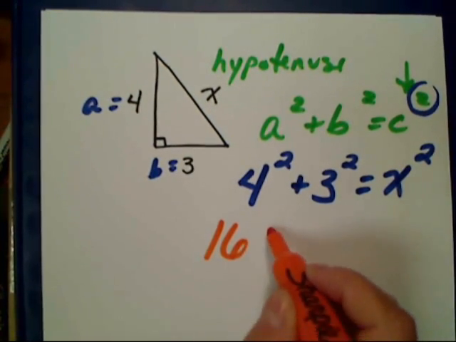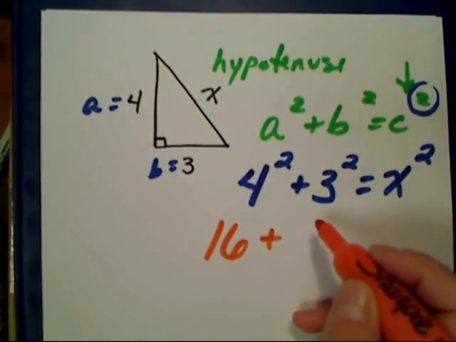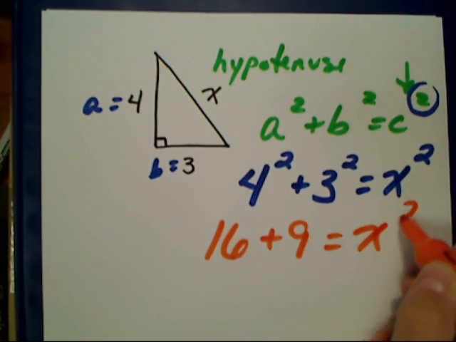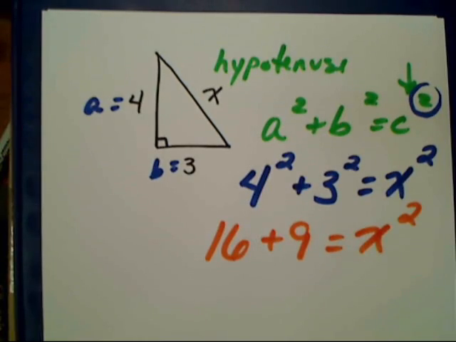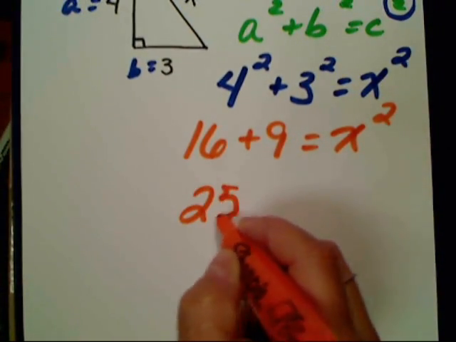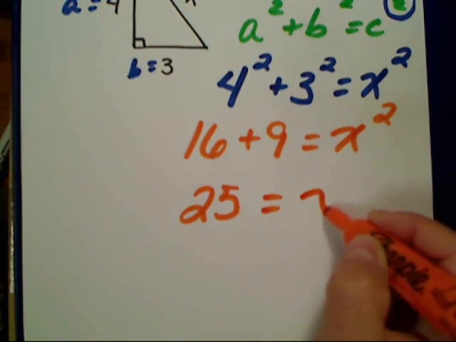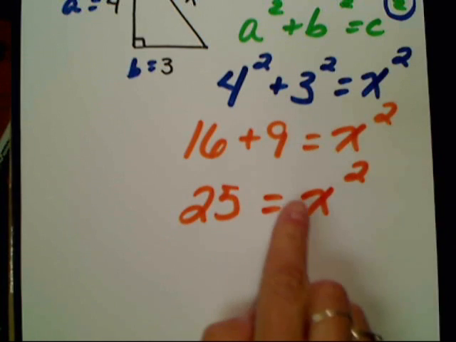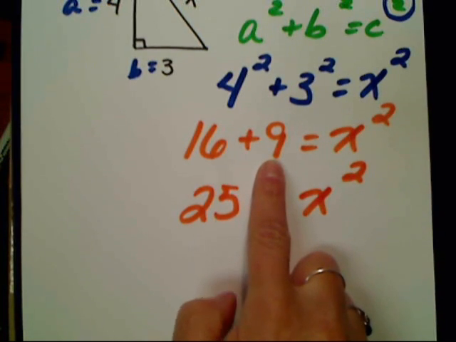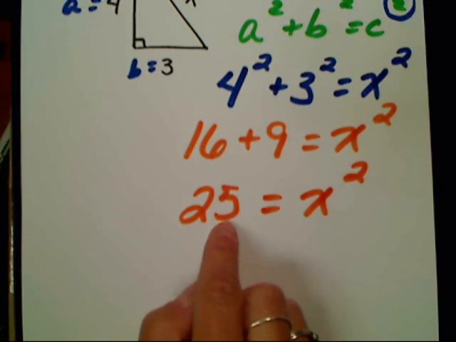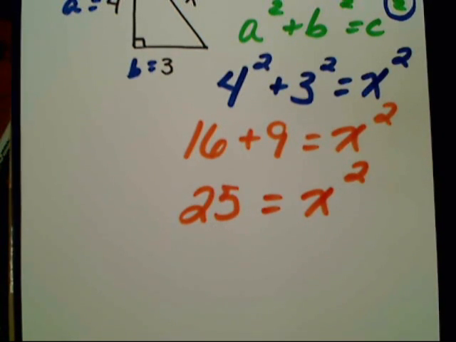Then we go plus 3 times itself is 9, and that's going to equal x squared. Continuing on, we now just do our addition, so we have 25 is equal to x squared. Remember, when you're adding by 9, you can always add 10 and then take 1 away. So 16 plus 10 is 26, then take 1 away, and you get 25.